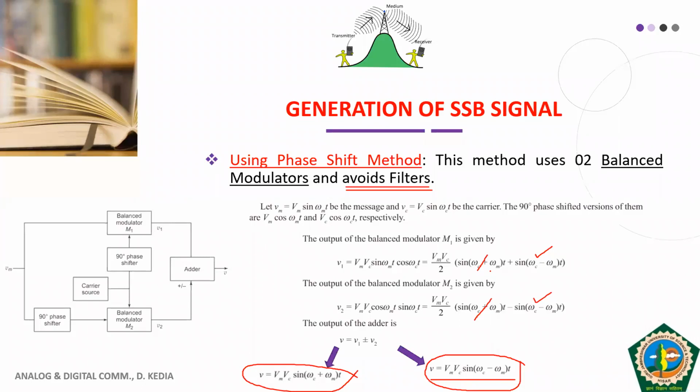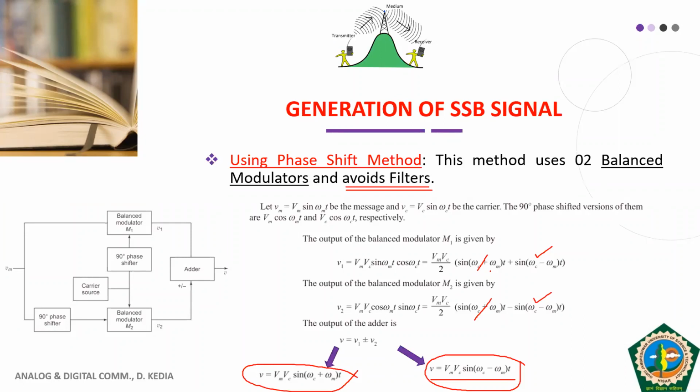This was the phase shift method for generation of single sideband signal. Hope all of you have clearly understood this. Once you have clearly understood the concept of balanced modulator, then the phase shift method is very, very easy to understand.